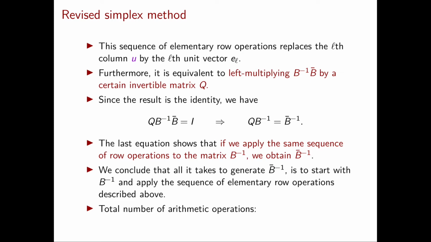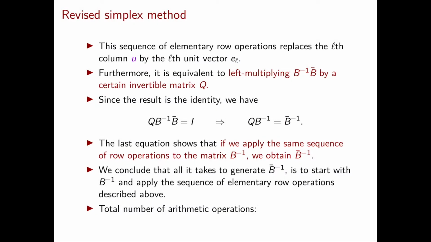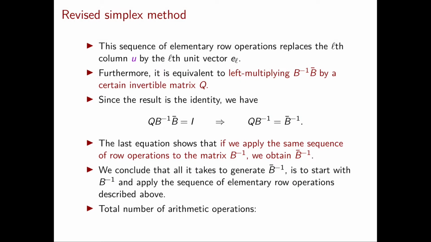So the next question is what is the total number of arithmetic operations? Obviously, we can find all the factors minus ui over ul with only big O of m operations. However, when we apply the corresponding m elementary row operations to the matrix B inverse, we will perform a constant number of operations for every entry of B inverse. Therefore, in total, we will perform big O of m square operations.